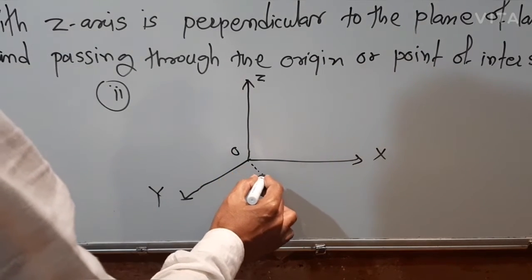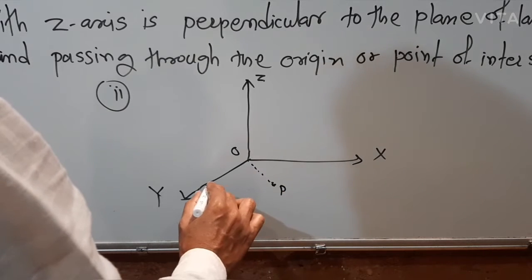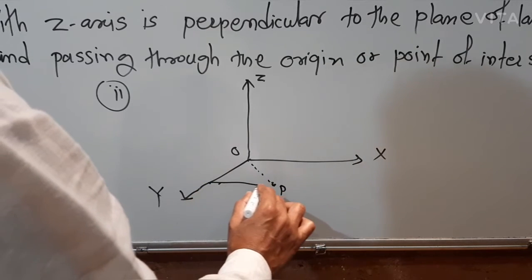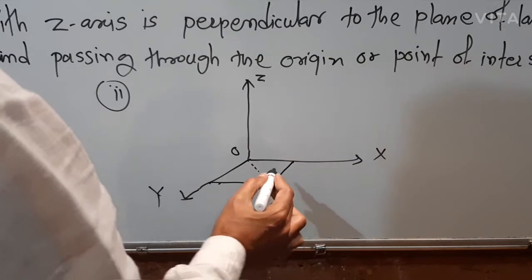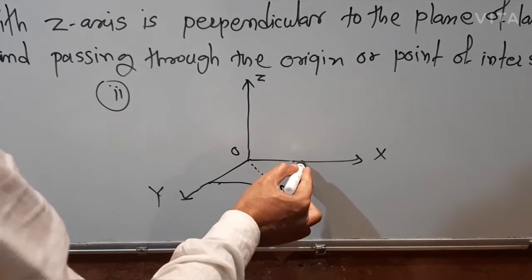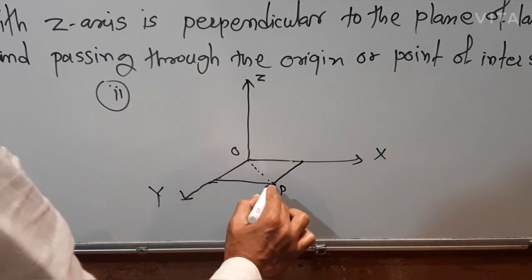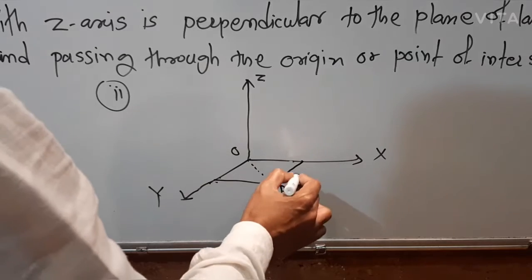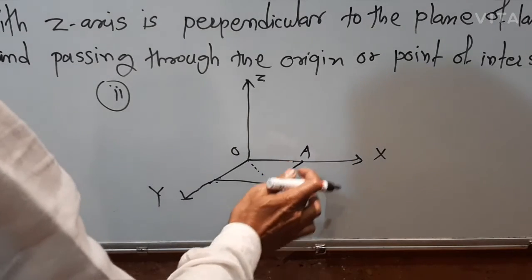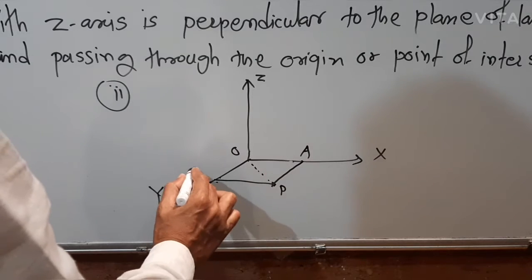Now suppose that this is any point P, and at that point we are going to draw perpendiculars PA on the x-axis and PB on the y-axis.